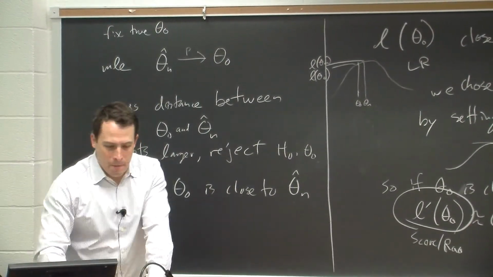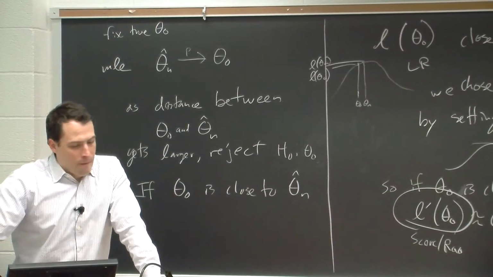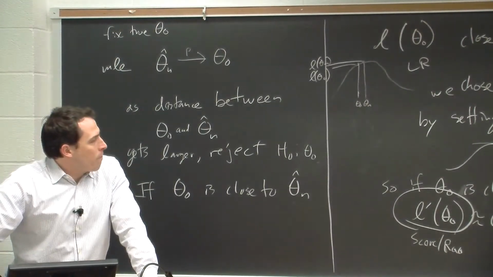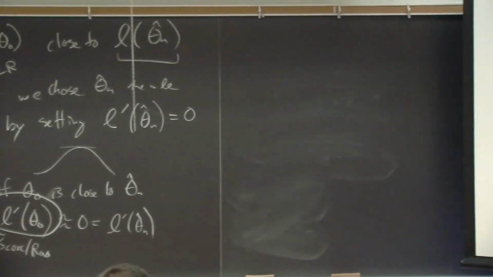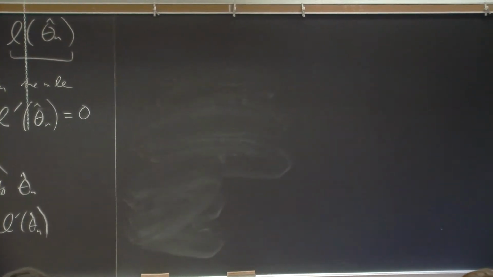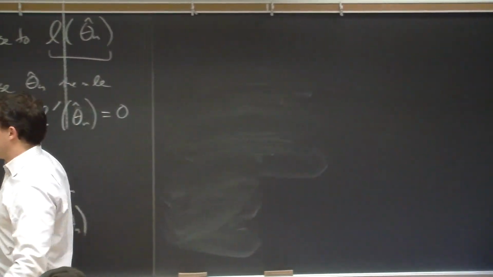Tell me what that is. So what doesn't appear in that score function that appears in the other two?